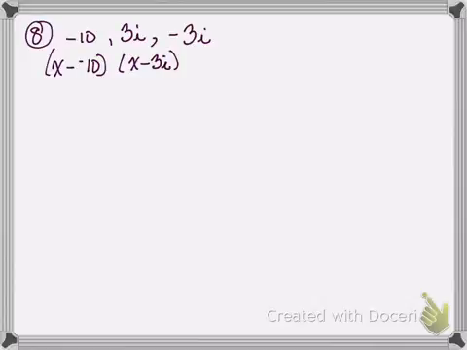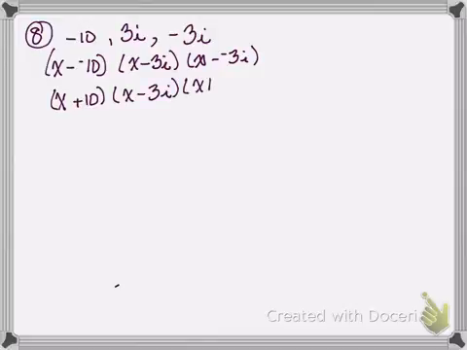And if negative 3i is a zero, x minus negative 3i is a factor. So I have some minus negatives, so I'm going to go ahead and clean that up. And so I'm going to have x plus 10 times x minus 3i times x plus 3i.